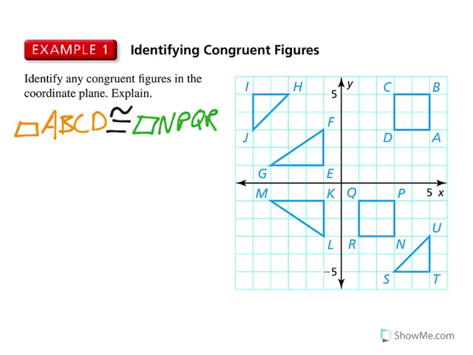Next I'm going to key into this triangle of EFG, so triangle EFG. I notice this side has a length of 3, this side has a length of 2. So it would appear, if you look down at MKL or LKM, whichever way, it also has a length of 3 on one side and a length of 2 on the other.